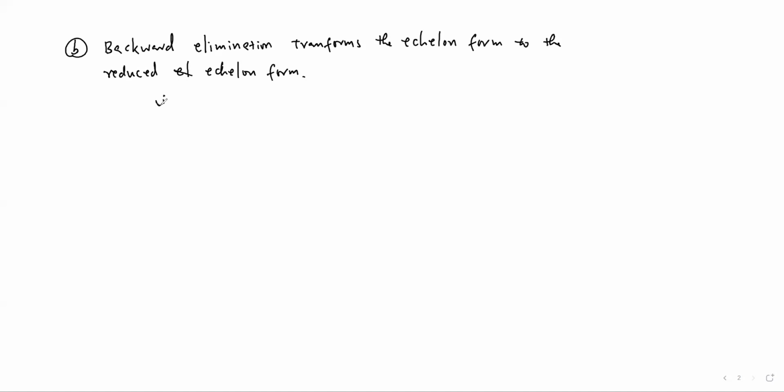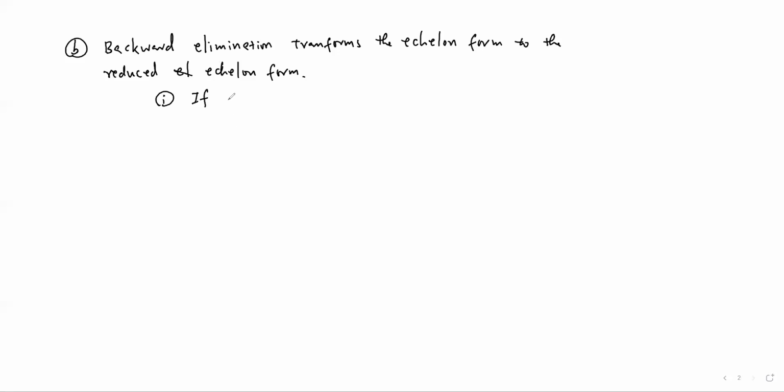Case 1, if all the columns in the coefficient matrix, excluding the right hand side, contain a pivot number, then in this case, no free variable.